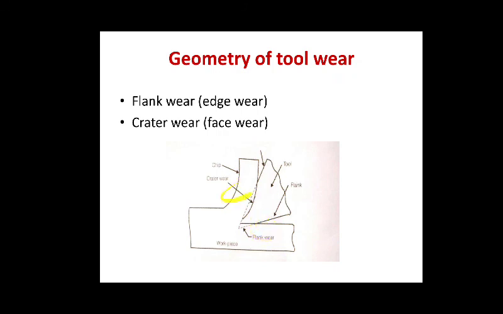Now crater wear: direct contact of tool and workpiece forms a cavity, mostly in ductile materials, as chips form, so the cavity forms over here. It initiates rapid rupture near the nose. It leads to weakening of the tool, and increase in cutting temperature, cutting forces and friction.